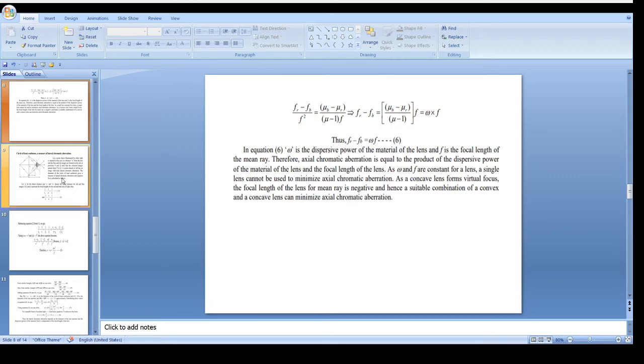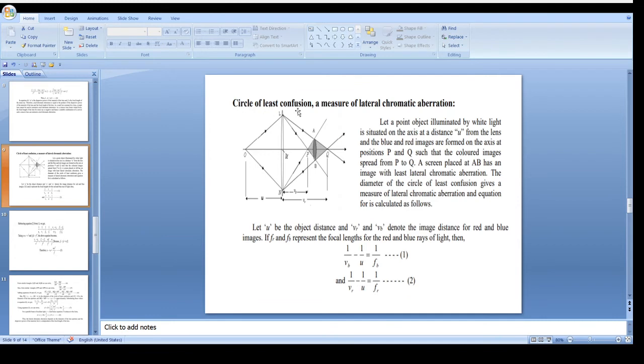Next, the circle of least confusion, a measure of lateral chromatic aberration. Longitudinal and lateral chromatic aberration: we have seen the longitudinal. Now we see the lateral chromatic aberration.